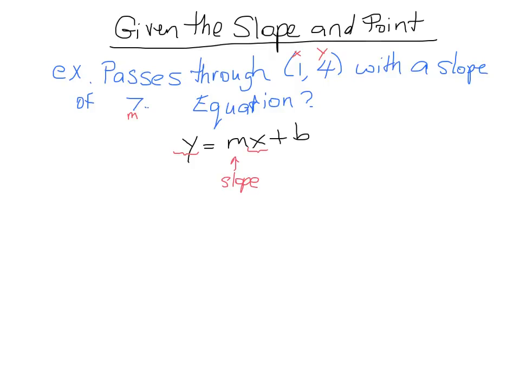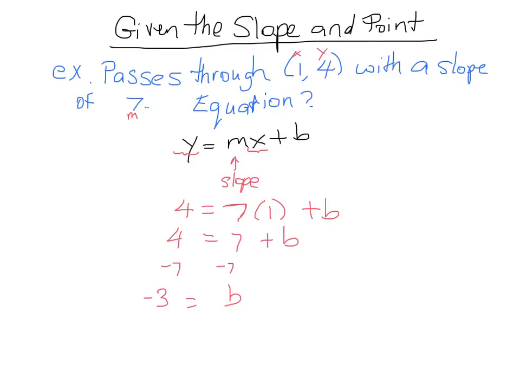So now we have y, which is 4, so 4 equals m, which is 7, times x, which is 1, plus b. Now we can simplify and solve for b. 4 equals 7 plus b, and we can take 7 away from both sides, and we end up getting that b is equal to -3.